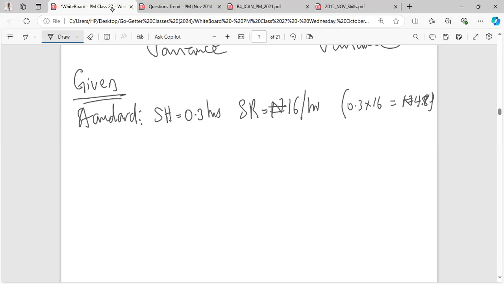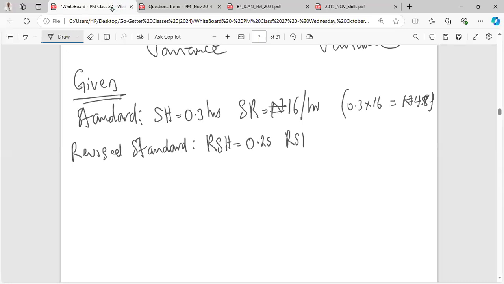Then we'll say revised standard. We are told that revised standard hours is 0.25.